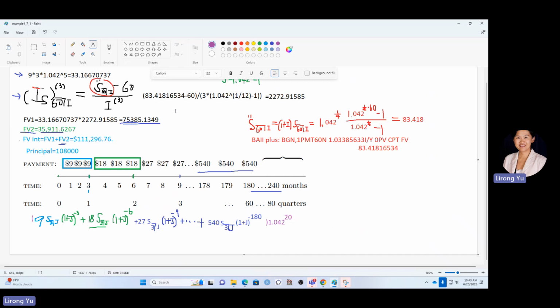So you can bring out the common factor, the S3J. We can actually calculate it.